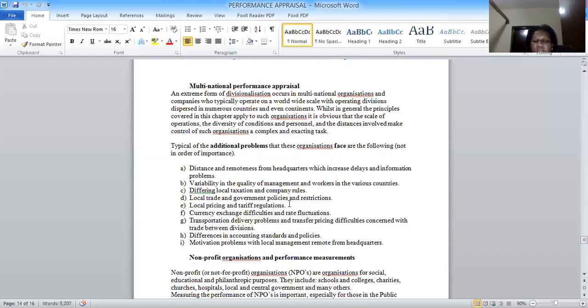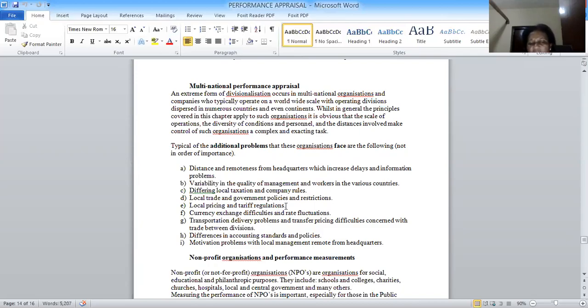Each country has its own regulations so far as business activities are concerned. Some countries may have regulations that protect their infant organizations, so if you are coming in, it becomes very difficult for you to compete. These things can affect the local organizations that find themselves in those countries.